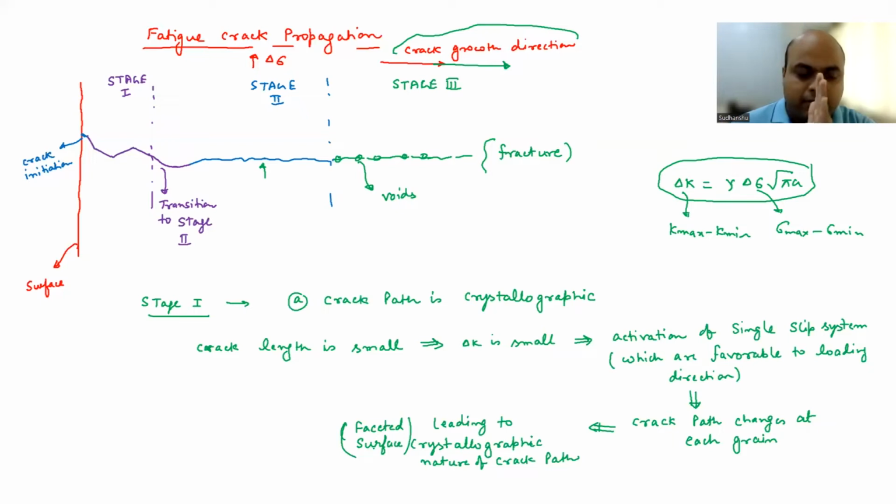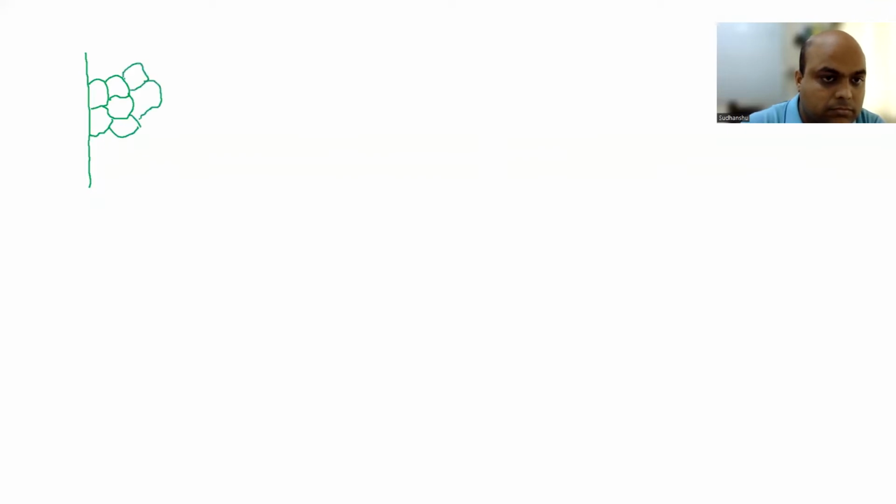So let me now show you what is the overall sequence in stage 1. So if you have this surface, right, and say track has initiated. So let me draw the grains first, and these are your grains.